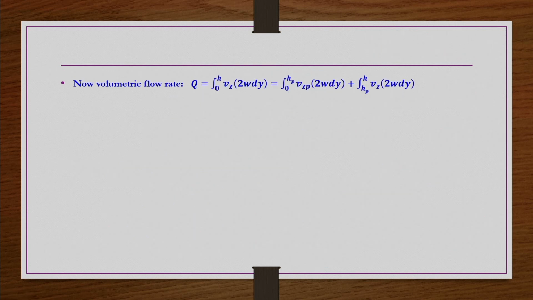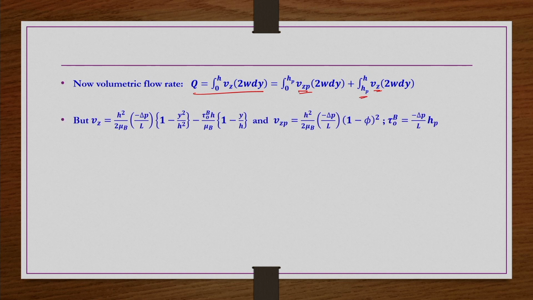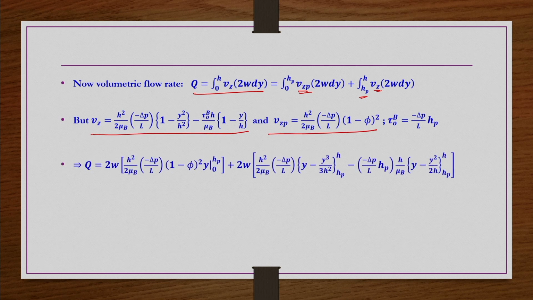So, the volumetric flow rate Q equals the integral from 0 to H of Vz times 2W dy, from the geometry. But now Vz is Vzp between y equals 0 and Hp, and Vz between y equals Hp and H. We already got these Vzp and Vz in the previous slides. So, now we substitute them here and then integrate.